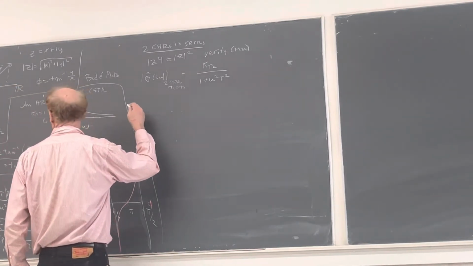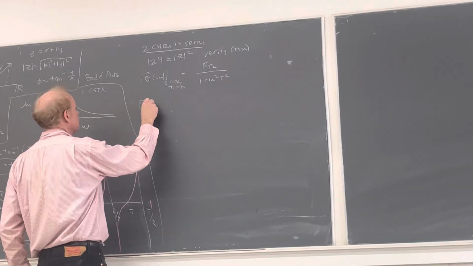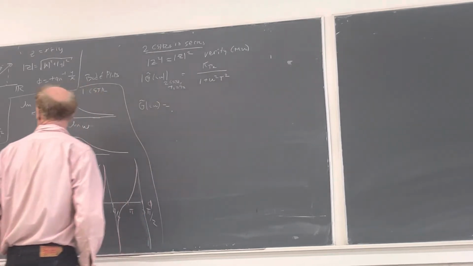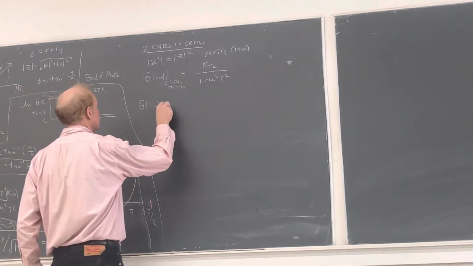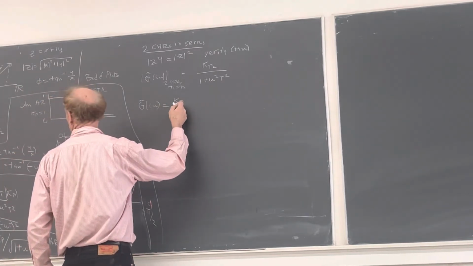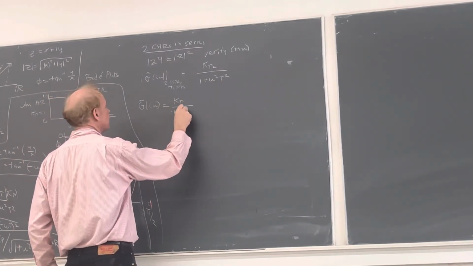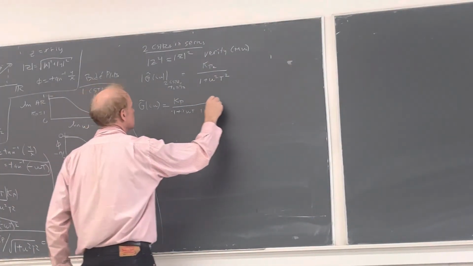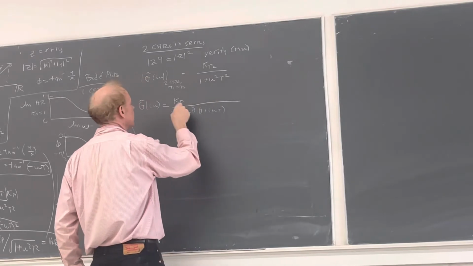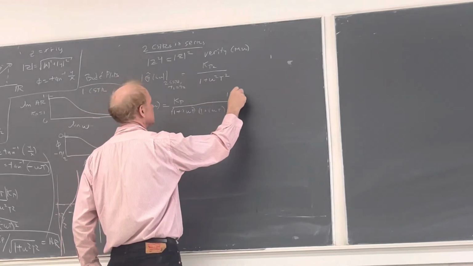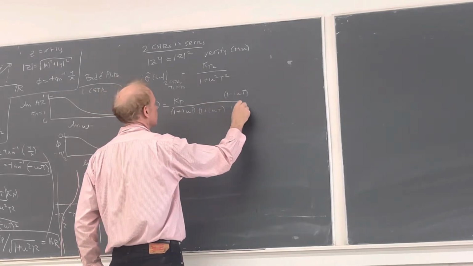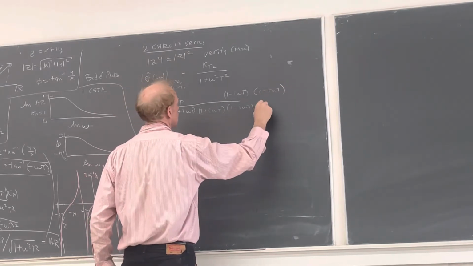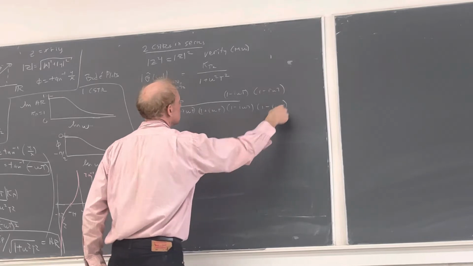So let's notice that g tilde of i omega, in this case, with two CSTRs in series, is Kp over 1 plus i omega tau, times 1 plus i omega tau. I need to multiply that by 1 minus i omega tau, times 1 minus i omega tau.